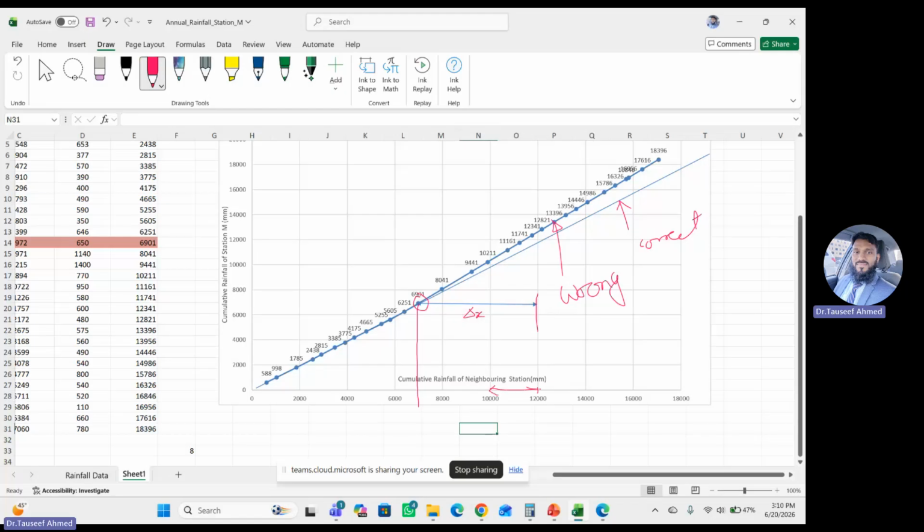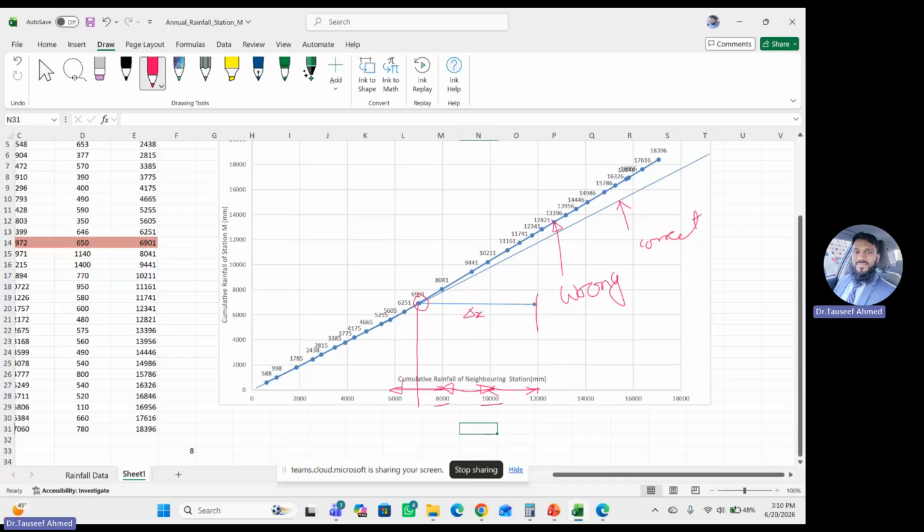This is 2,000. From here to here, this is 2,000. How am I saying 2,000? See, this is 8,000, this is 10,000. So between 8,000 and 10,000, the distance is 2,000. Then again, this is 10,000 to 12,000, again 2,000. So here up to here, this is 4,000. And this is 6,000 to 8,000, again 2,000.